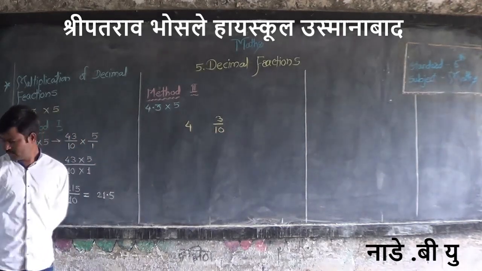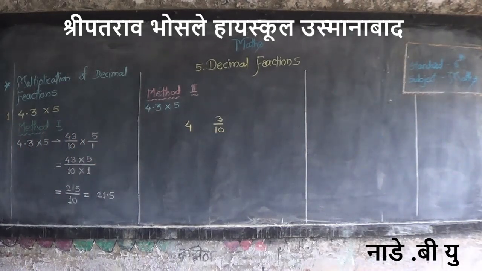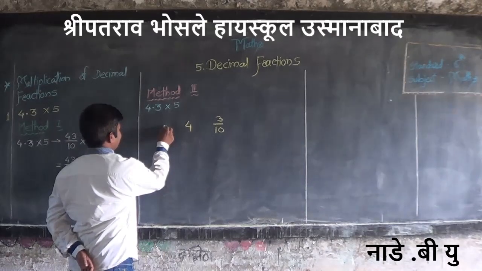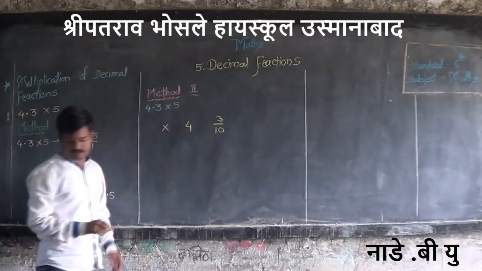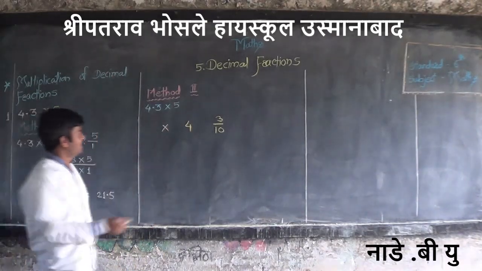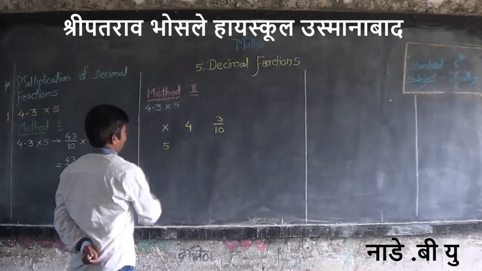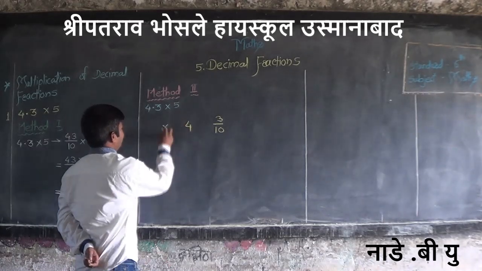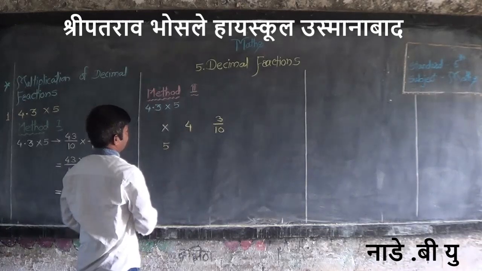And the multiplier: here it is multiplication, hence write the multiplication sign. The multiplier is 5. Here we make the columns.